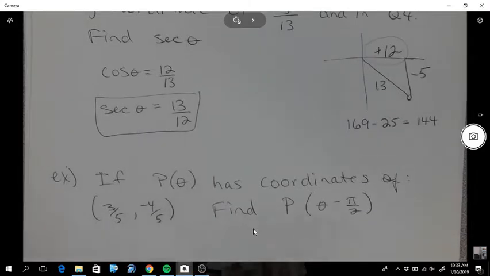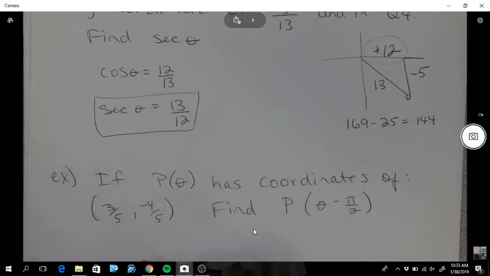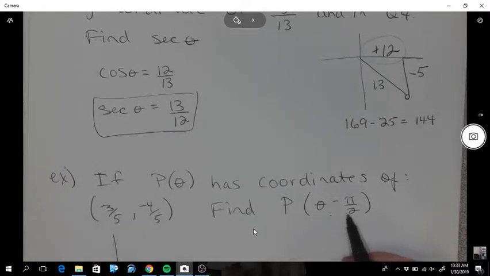Okay, so let's think about this. X positive, y negative. It's in this quadrant, and this means that you're going 90 degrees backwards.